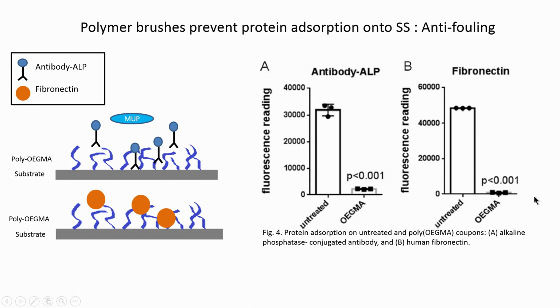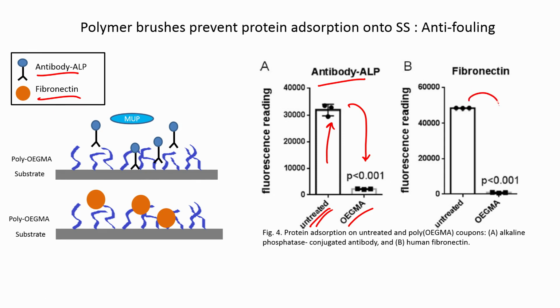Now that they have done it, they tested whether the protein adsorption is actually reduced. They have used two proteins here. One is an antibody, which is something that activates immune response, and the other is fibronectin, which is an ECM protein that can cause binding of a lot of cells to these surfaces. What they find is that on an untreated surface you get a very high reading of your antibody, whereas once you modify it with the polymer this is vastly reduced.